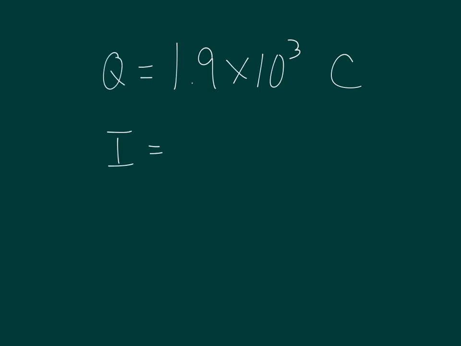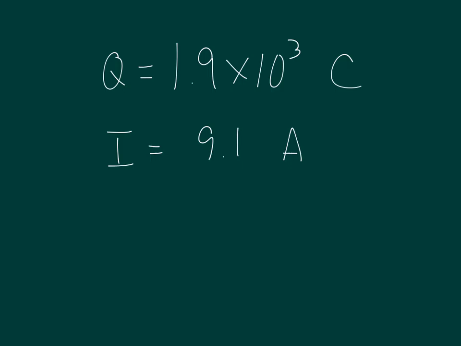And back to Siobhan. A hair dryer draws a current of 9.1 amps. How long would it take for 1.9 times 10 to the third coulombs of charge to pass through a hair dryer? How many electrons in this amount of charge? And what was the first part? The current was what? How many amps? 9.1. So this problem says that the current drawn, this is a good question for either multiple choice or a quick short answer.